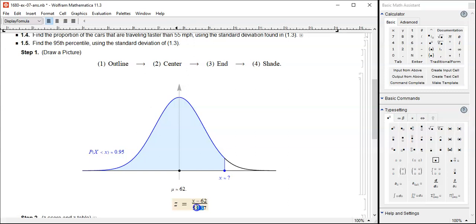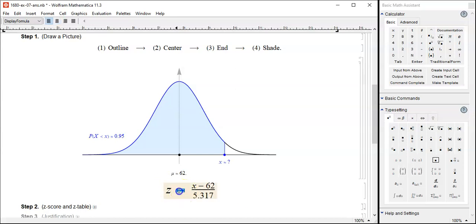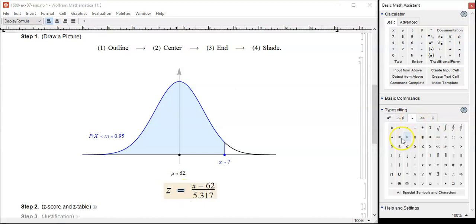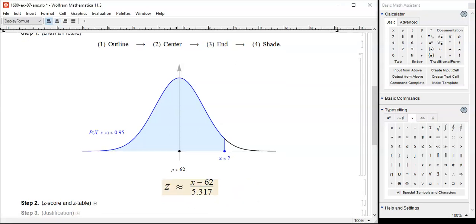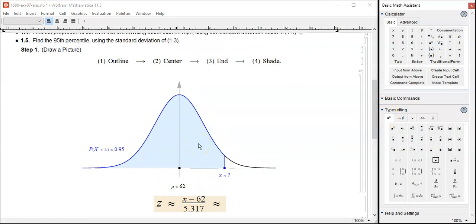5.317. And everything is approximation in statistics, so let's use the wiggly equality sign here. And then what's the z-score associated to the 95th percentile?